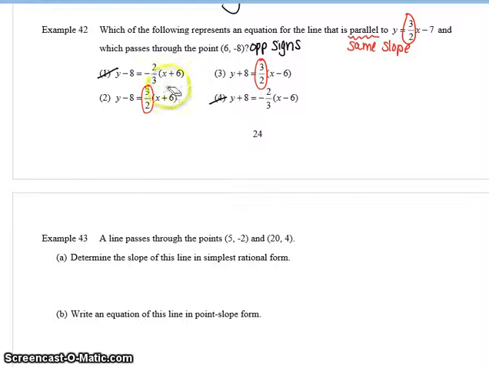So you don't want the +6 for the x, like this one has down here. You want the opposite. So again, point slope form, y minus the opposite sign of y, which would be +8. And that's equal to your slope, which is 3/2, times x, and then an opposite sign of my +6 would be -6. So it looks like it's going to be choice 3.